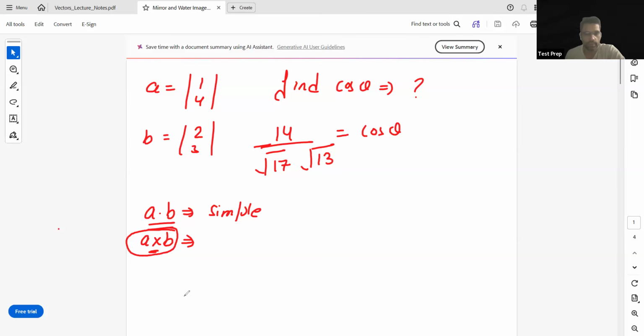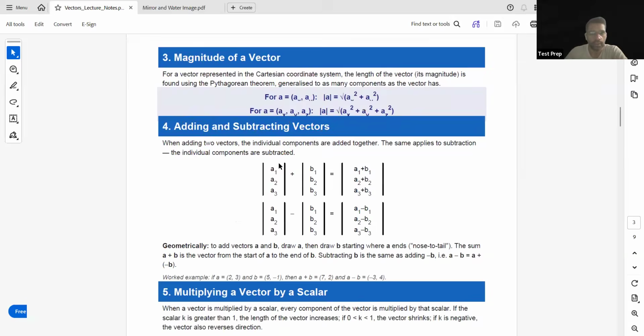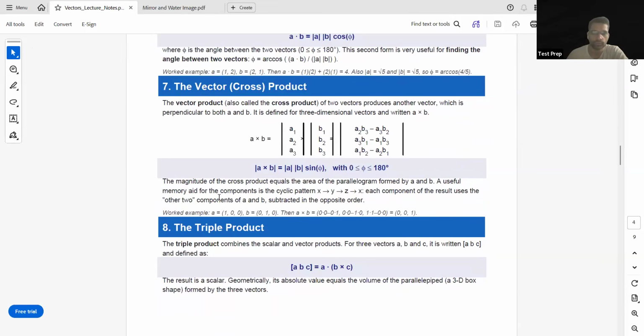I think everyone is getting the same answer. Now we are moving towards the cross product.